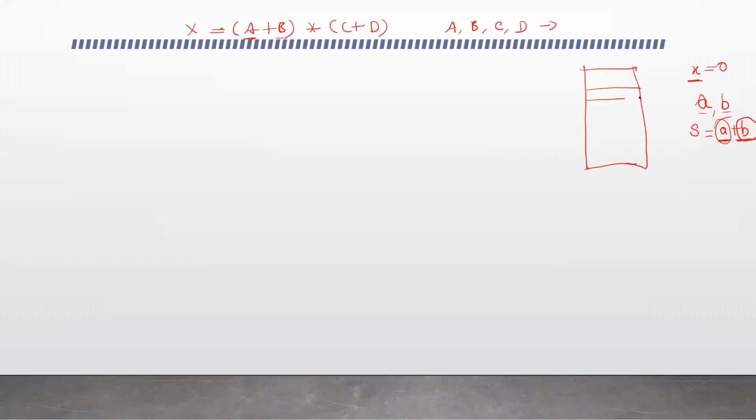At a particular location there is A stored, data A, and in some other location there is B. The memory has a program segment, meaning the set of instructions is stored in one part of memory, and the data is stored in another part. So in the data segment of the memory these data are stored, and they are named A, B, C and D because we have assigned these names to our data.